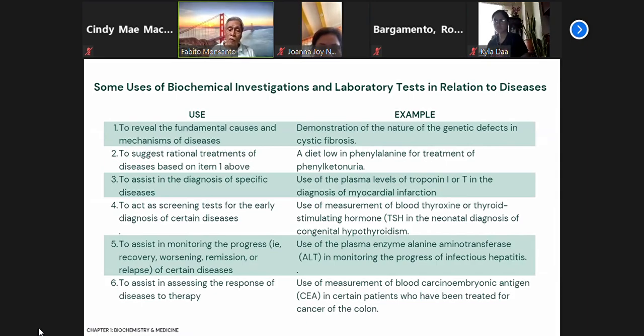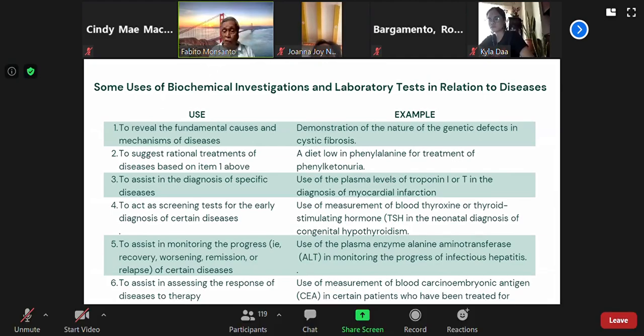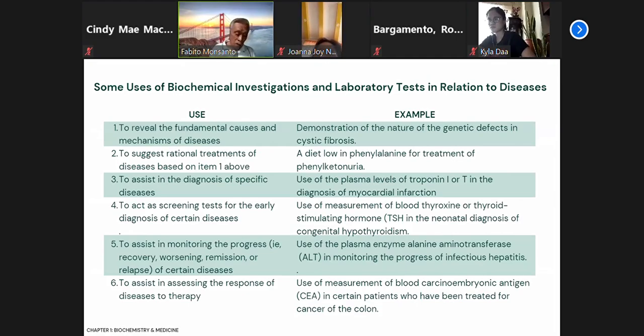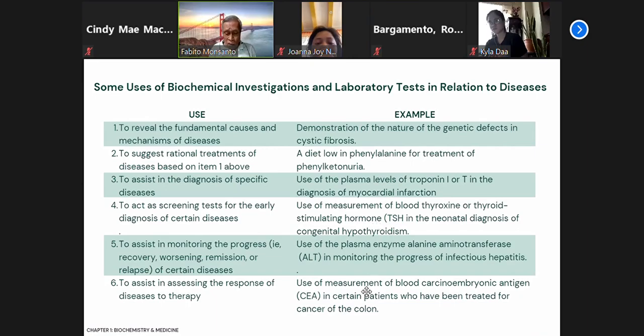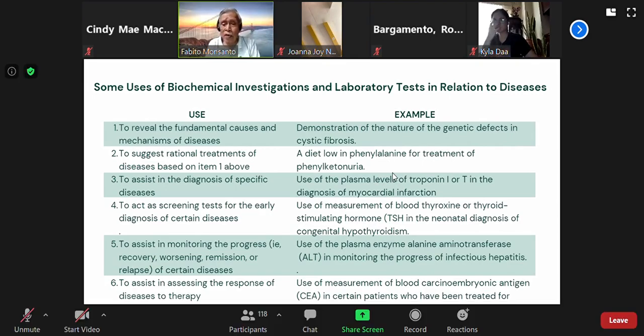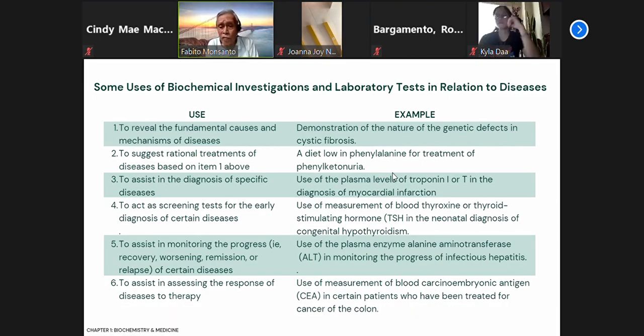So if you know what is wrong, let us say that the patient cannot tolerate phenylalanine. Phenylalanine is an amino acid, and this amino acid is part and parcel of the protein that you are eating. So this is quite problematic because you need protein. No? You need protein. And most protein contains phenylalanine.